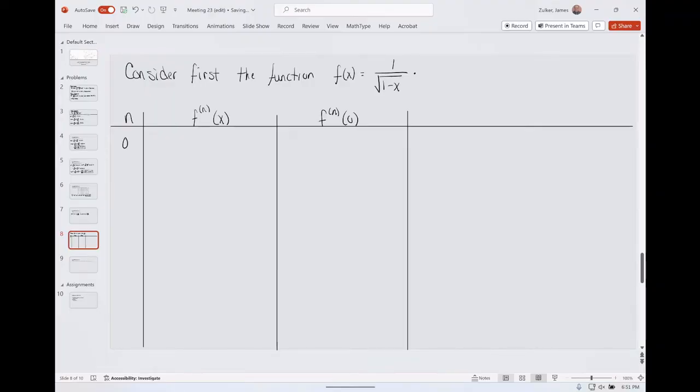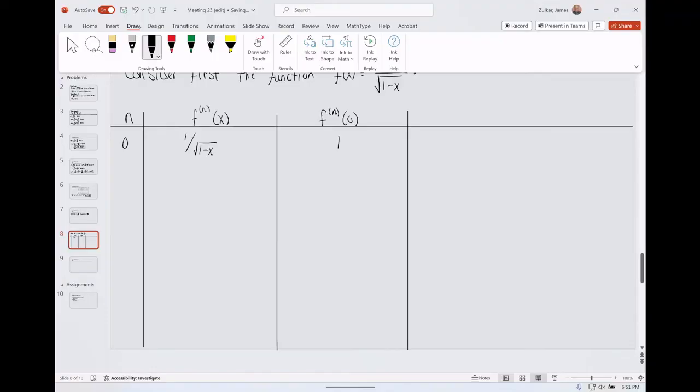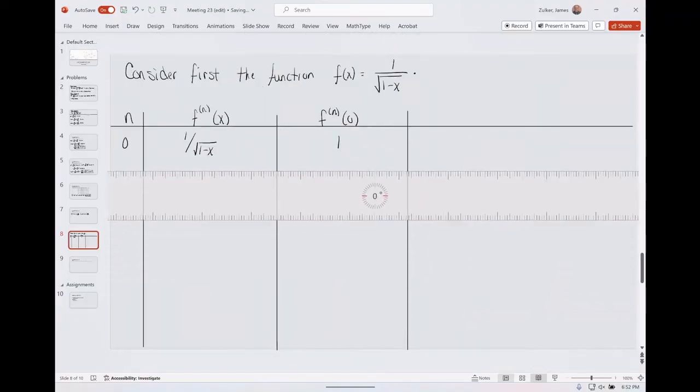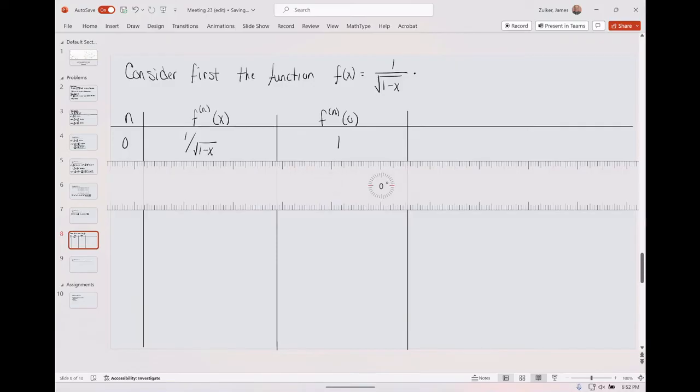Start with the 0th derivative. It's just the original function, right? When x is 0, what do you get? 1. Maybe I will keep the ruler, and then I'll actually do these lines, which I typically don't do.